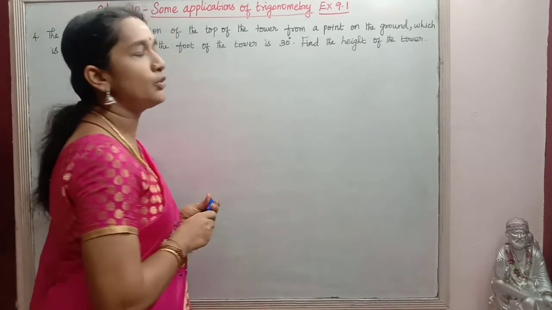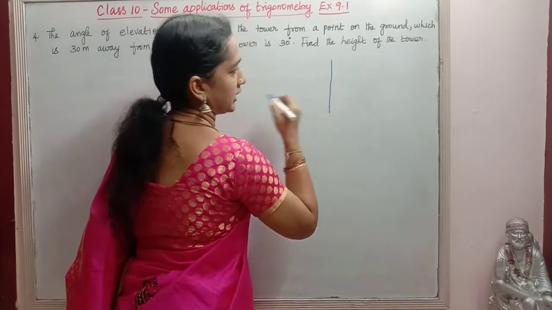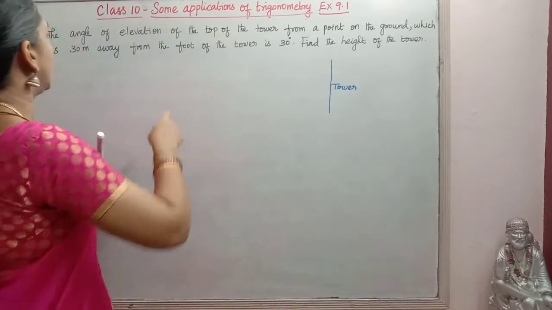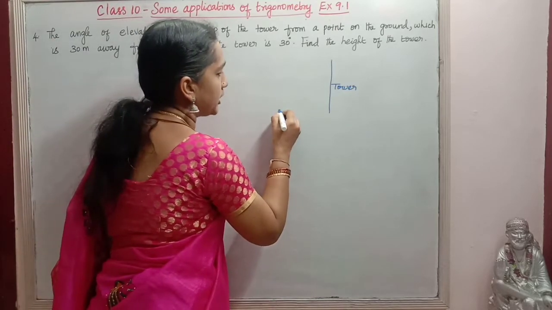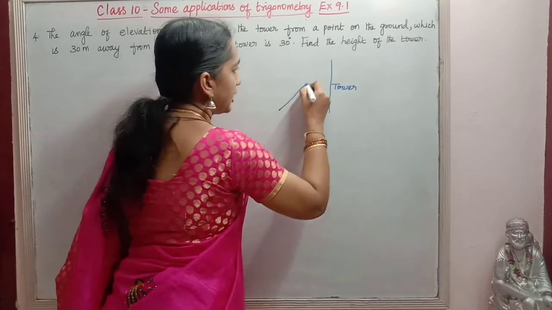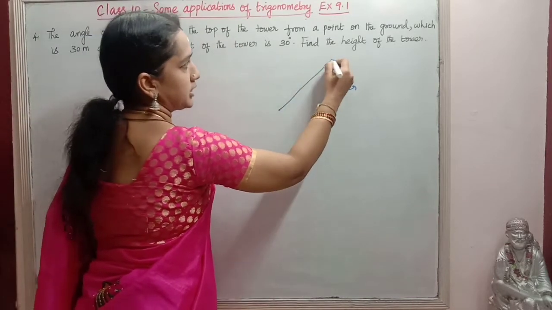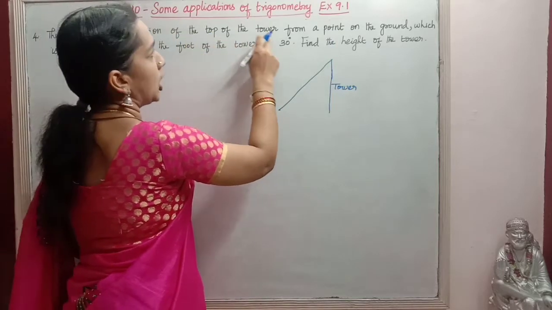So we are asked to find the height of the tower. So this is the tower. Okay. So the angle of elevation of the top of the tower from a point on the ground. So this is the top of the tower.